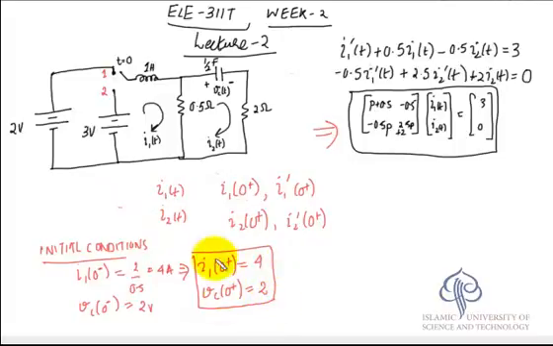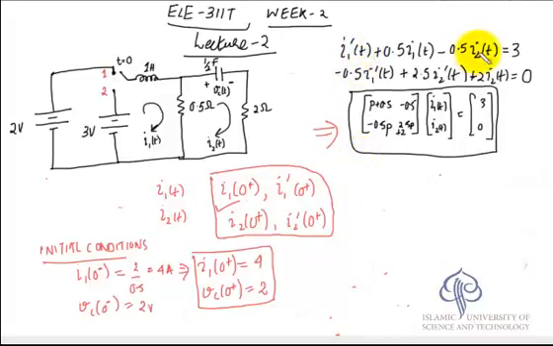So with this information, we need to find I2(0+) and also the derivatives. The other three initial conditions we need to find out by using the relationship that we have for I1(0+) and Vc(0+). So let us try to do that.